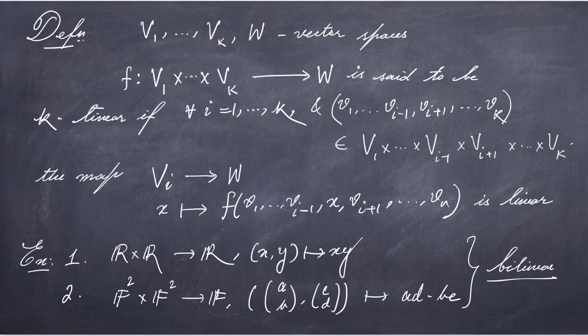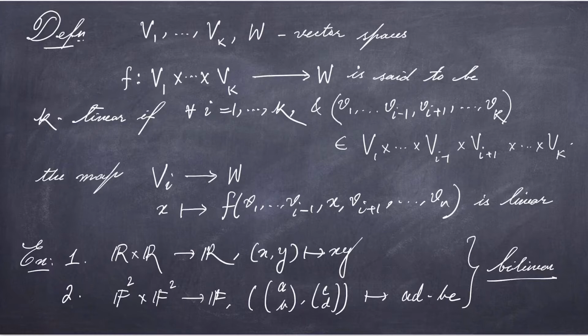The second example is the determinant of a 2 by 2 matrix over any field F. For convenience, here we will write the members of F2 as column vectors instead of writing them as pairs. Given a pair of column vectors, we map it to AD minus BC.